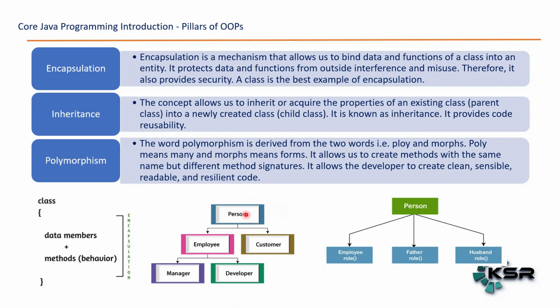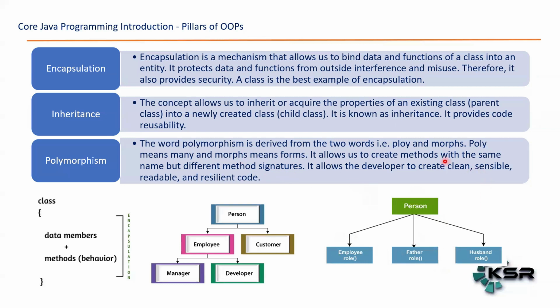Person could be an employee or customer. If it is an employee, he could be a manager or developer. And then the polymorphism concept. We have two different words, poly and morph. Poly means many, morph means multiple forms. So we are talking about a person. The person could be an employee or a father or husband.